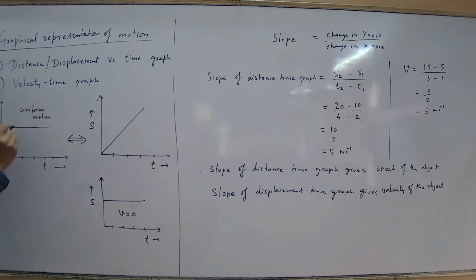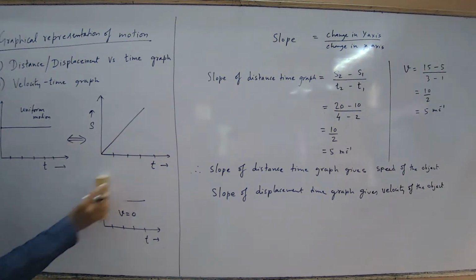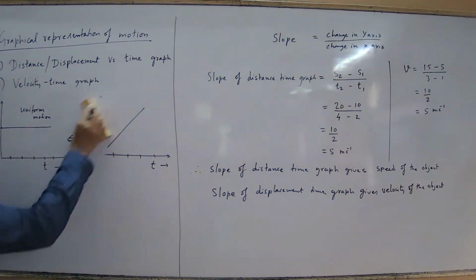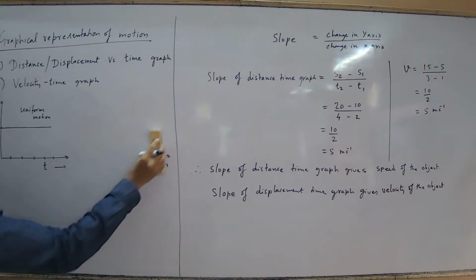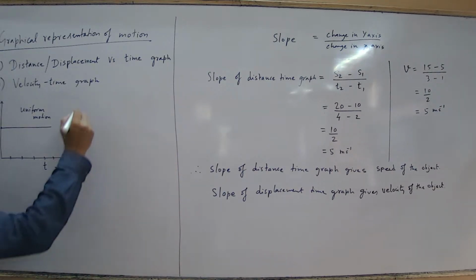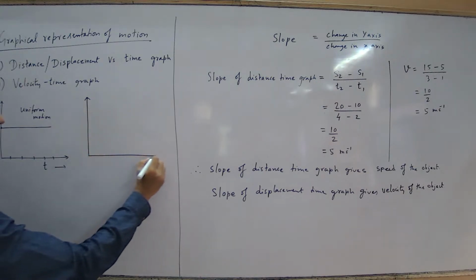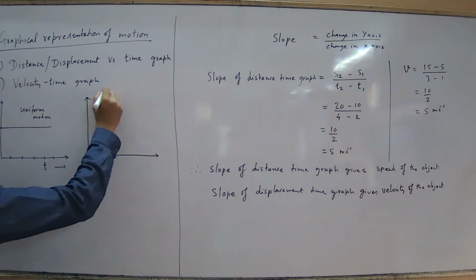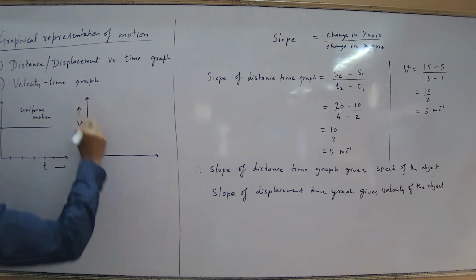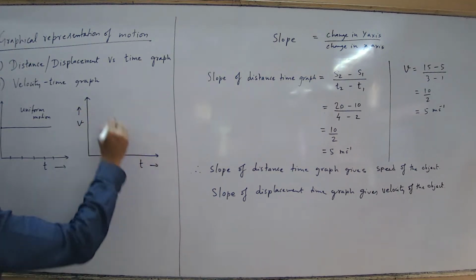Okay. Now, second is velocity time graph. I am erasing it. So for a uniformly accelerated motion, now we'll see the velocity time graph.